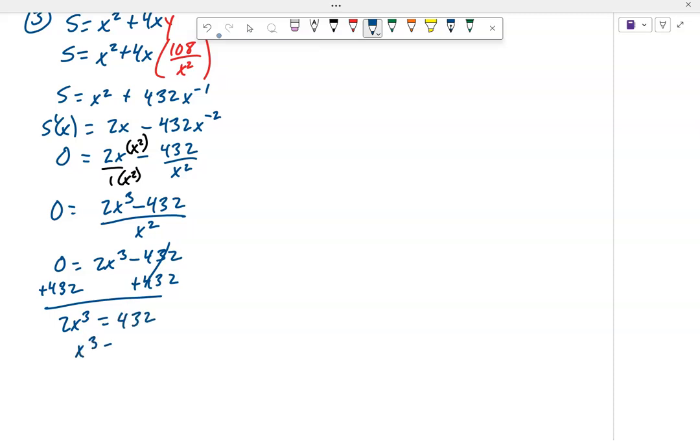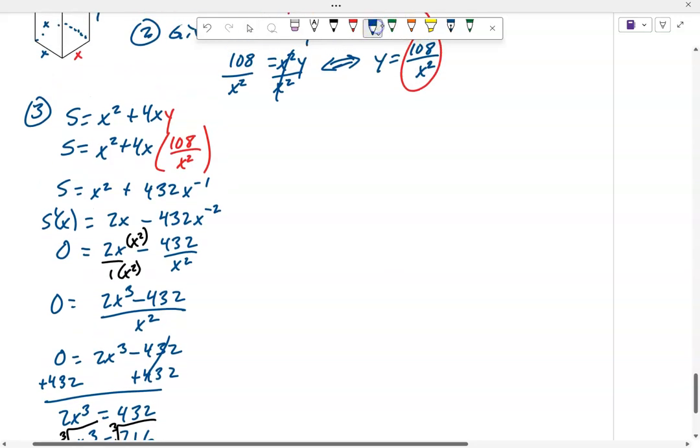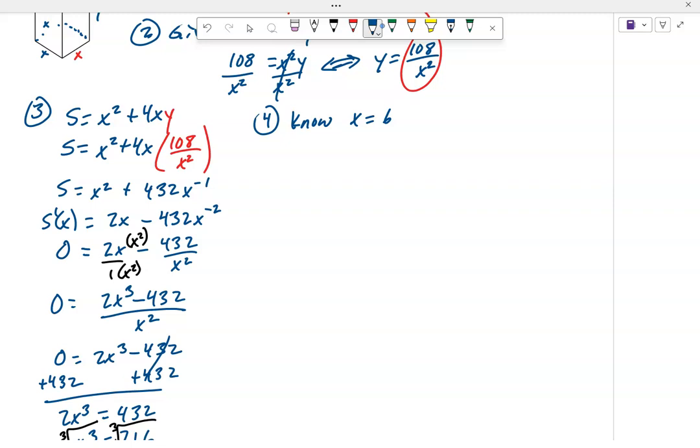Divide by 2, I got 216. Let me take a third root, in other words, to the 1/3 power, and we get 6. So we know we want that x value to be 6. You know, the square box bottom is a 6-foot length.